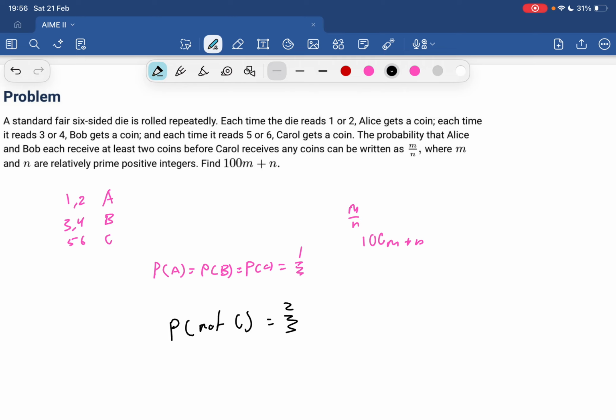Conditional on not getting Carol, P(A) equals P(B) equals 1 over 2. So now we study a fair coin process between A and B until C appears. Let's look at the first 3 rows.